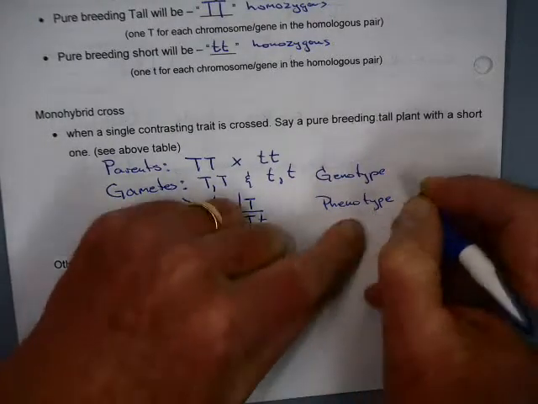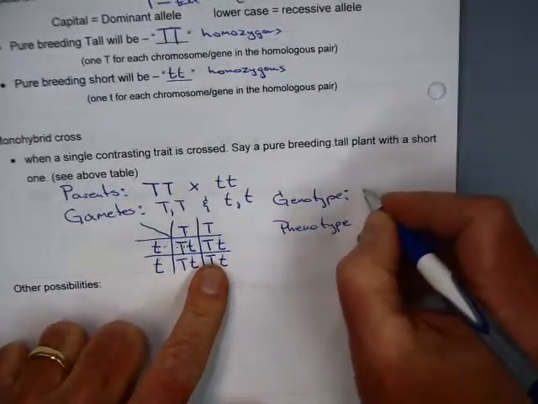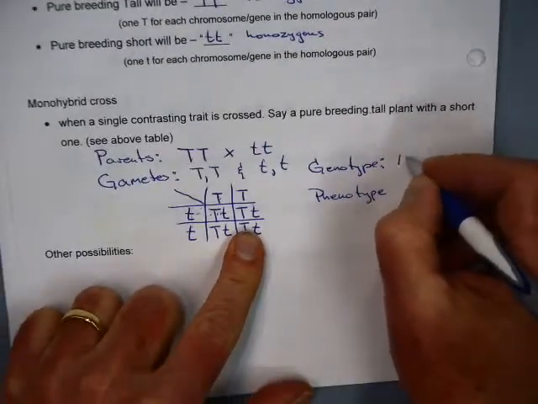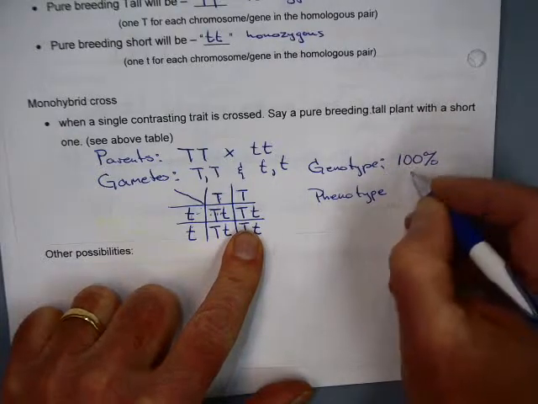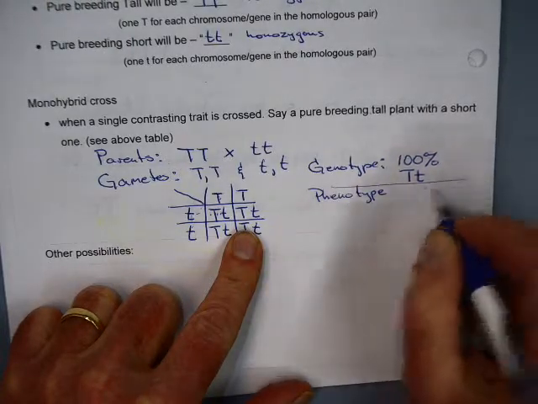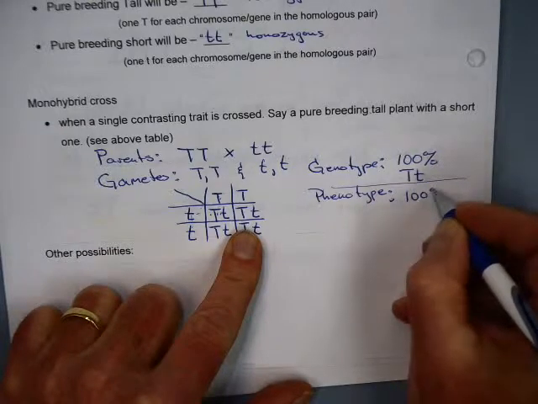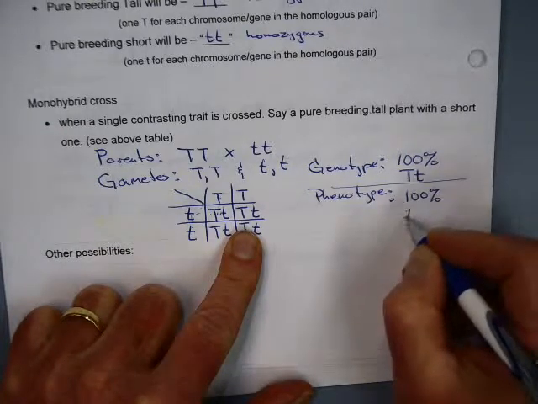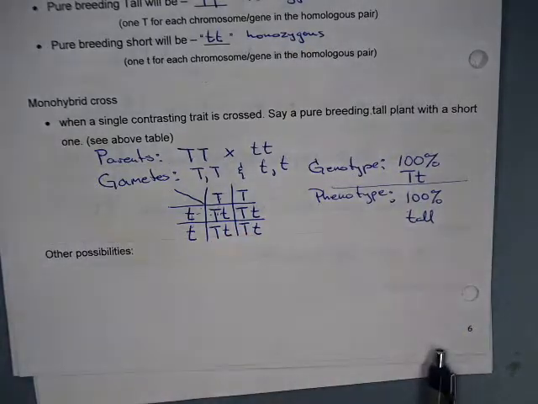In this case, the actual genetic makeup was 100% capital T, lowercase t. The phenotype was 100% tall. Why? Why is it tall?